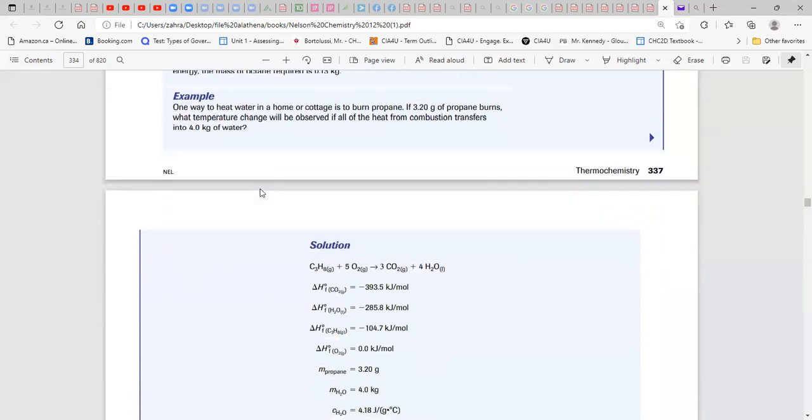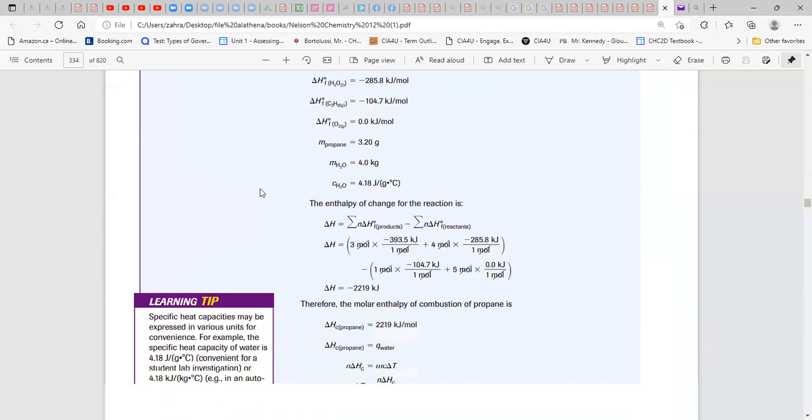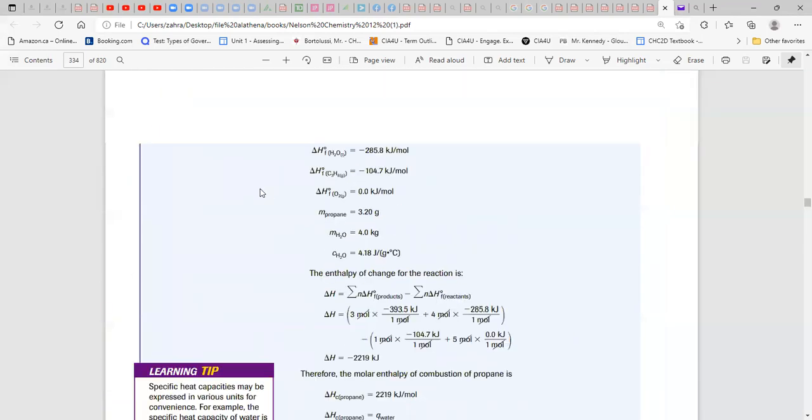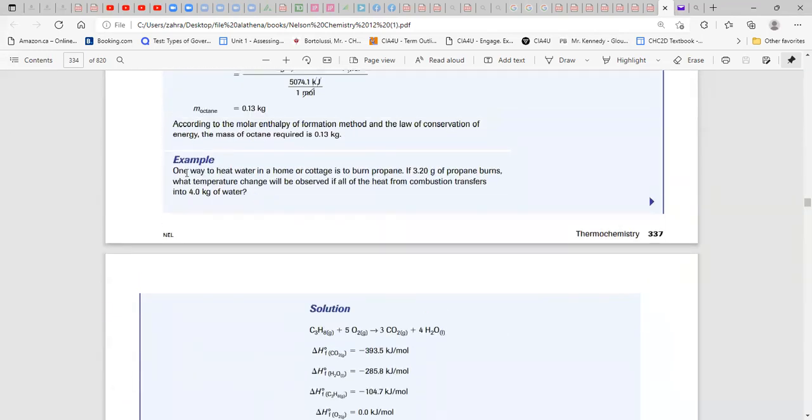Here is another example where you use multiple steps to solve the problem. One way to heat water in a home cottage is to burn propane. If 3 grams of propane burns, what temperature change will be observed if all of the heat from the combustion is transferred into 4 kilograms of water?